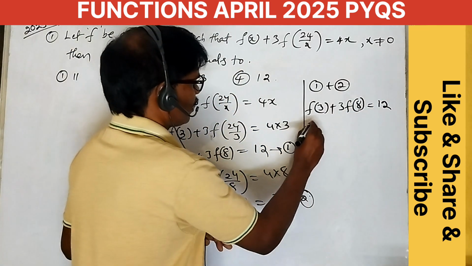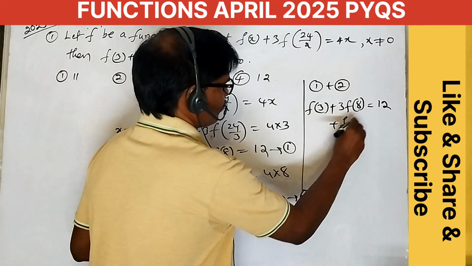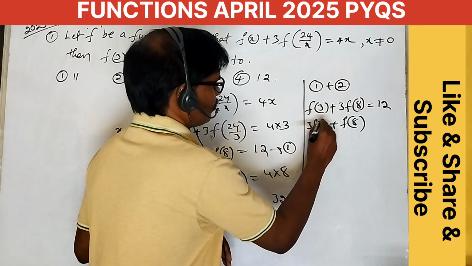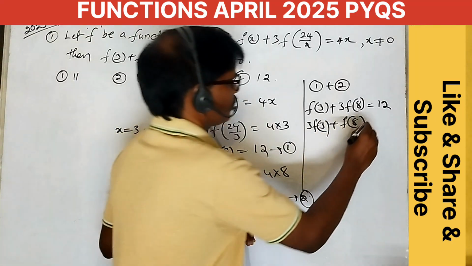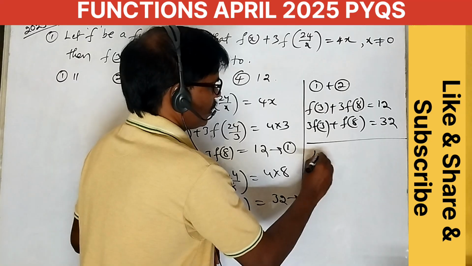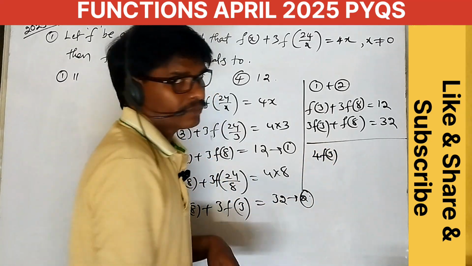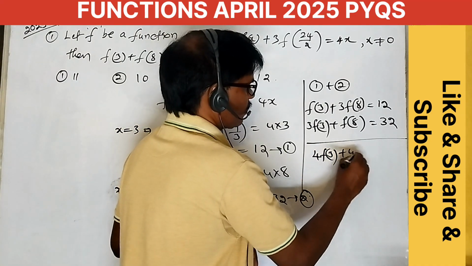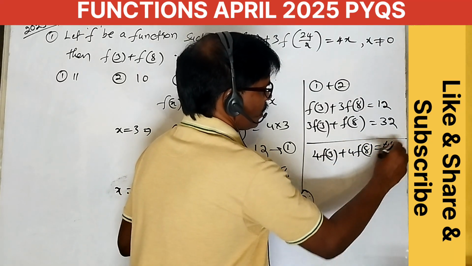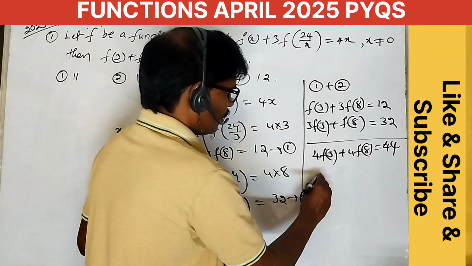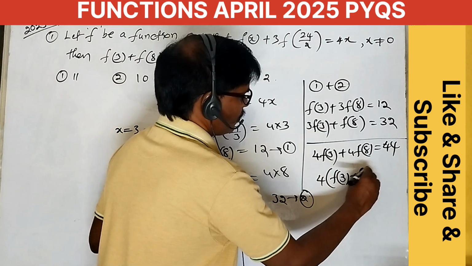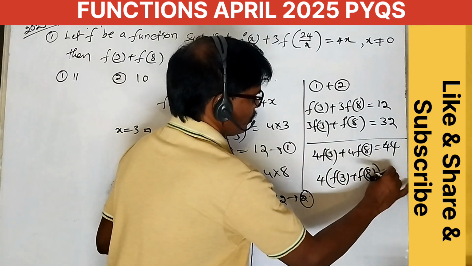Next, the second equation, f of 8 plus 3 into f of 3 equal to 32. Adding both, 4 into f of 3 plus 4 into f of 8 equal to 44 in total. What is common? 4 is common. f of 3 plus f of 8 equal to 44.